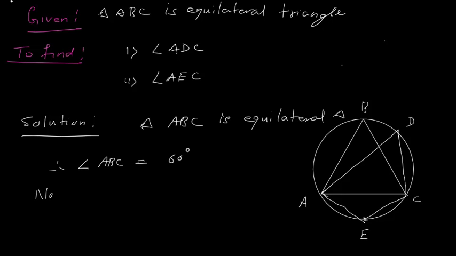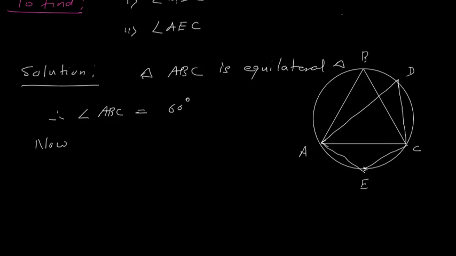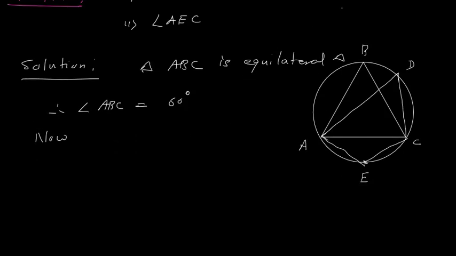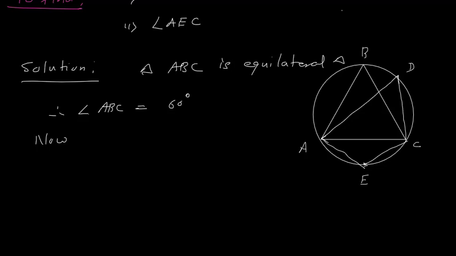Now angle ABC and angle ADC are angles in the same arc, or angles subtended by the same chord. So I will say that angle ADC is equal to angle ABC. Reason: angle subtended by an arc.